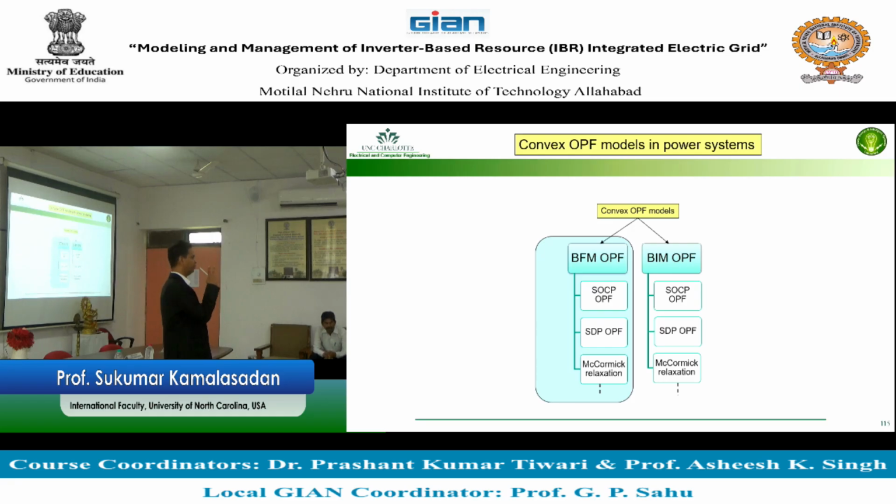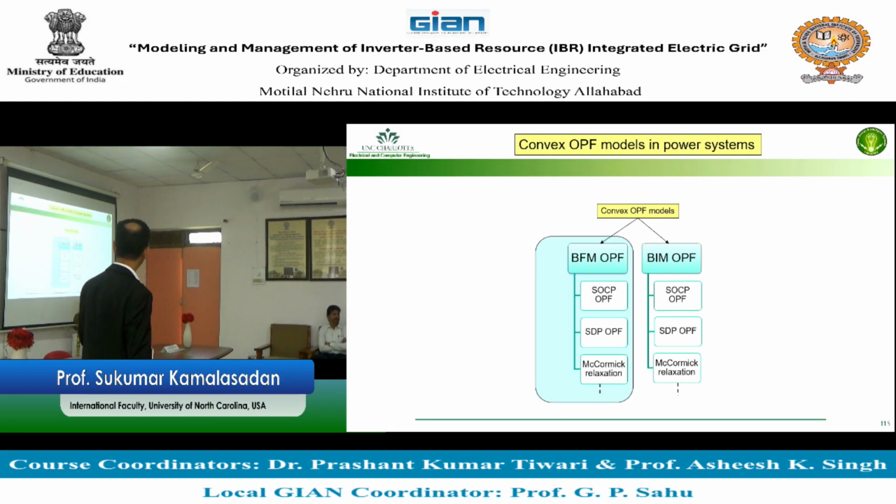So there are two types of models in OPF: bus injection models and branch flow models. We already know the story. Bus injection models are very useful for transmission networks. Branch flow models are very useful for distribution networks. So you can categorize them and put them together. If you do both of them together, it's a different deal, but you can actually use these two models.